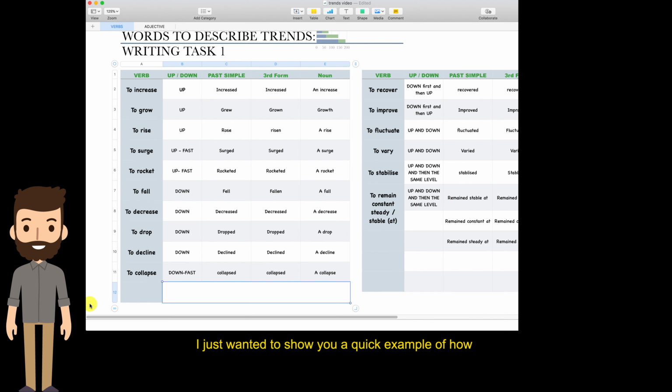I just wanted to show you a quick example of why we've learned 3 forms of the same verb. In the IELTS writing task 1 essay, you want to change the different ways of saying your sentences. Now, for example, let's just take the first verb, to increase. Okay, so let's say house prices in Toronto have increased. Well, that would be the third form.